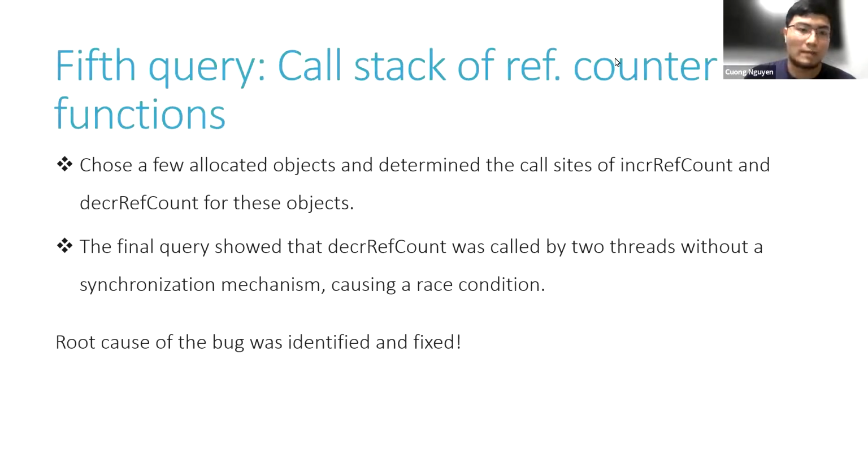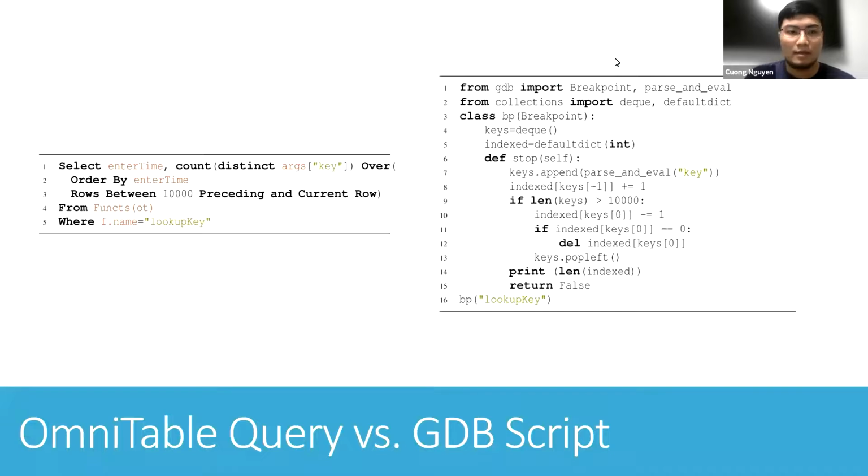So this is the root cause of the bug, and it was eventually fixed. So as you can see, this OmniTable query model can simplify the way that we debug programs.